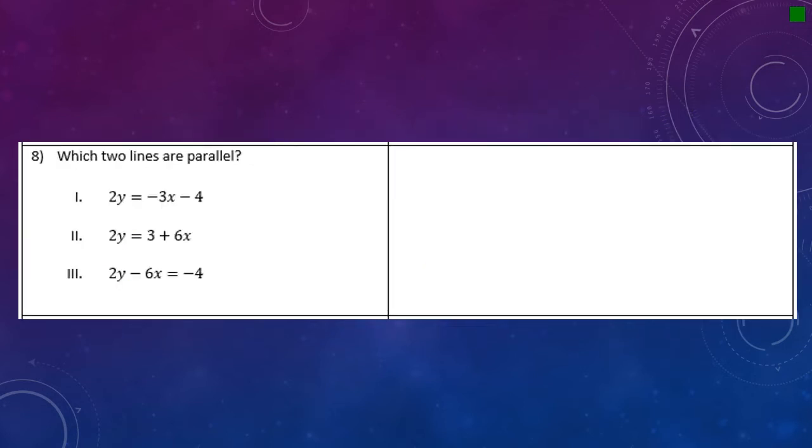Question 8 is asking us to find out which two lines are parallel. So essentially all we have to do here is solve each of them for y and determine what the slope is. And since we're looking for parallel lines, I'm looking for two lines that have the same slope. So for number 1, I have 2y equals negative 3x minus 4.